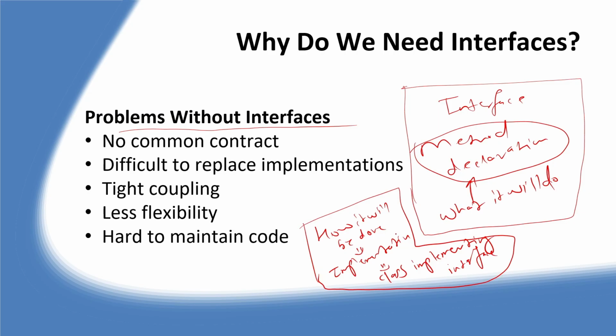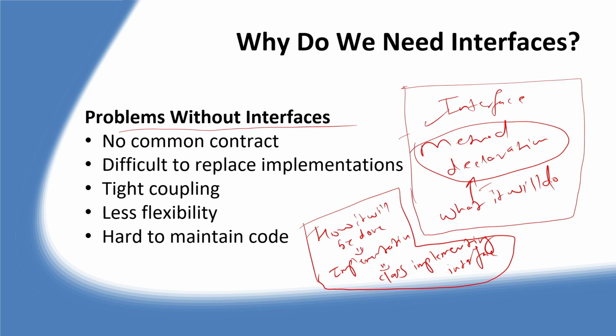Now your code depends on the interface, not the implementation. This makes the application flexible, maintainable, and easier to extend. Whatever classes are associated with the application will implement this interface. We'll see some examples so we'll have better clarity.